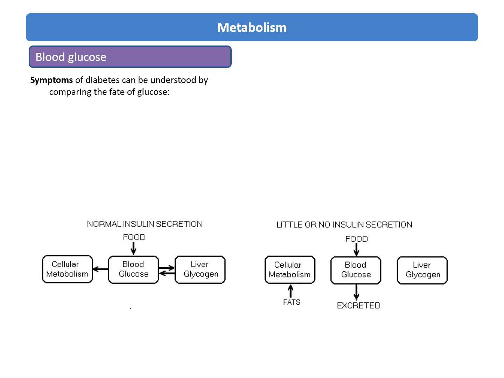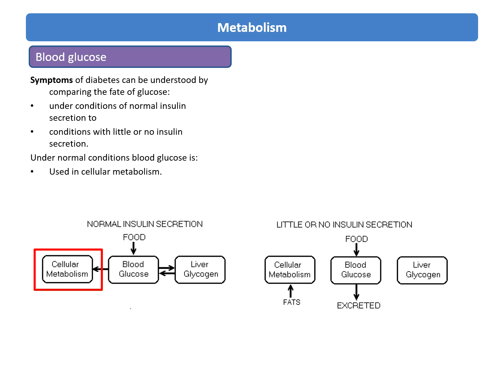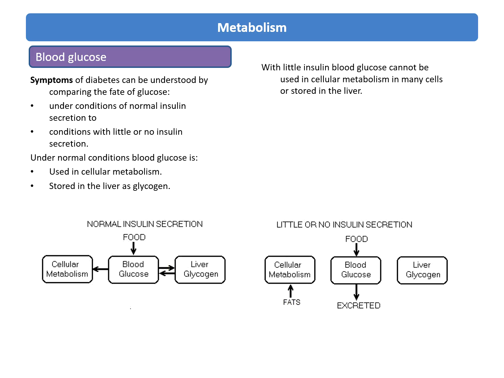We can understand them if we compare the fate of glucose in a normal individual and in a condition with little or no insulin secretion. Under normal conditions, the blood glucose levels are used in cellular metabolism and stored in the liver as glycogen. With little or no insulin, blood glucose cannot be used in cellular metabolism, or it can't be stored in the liver.